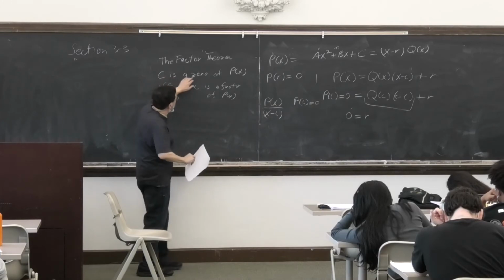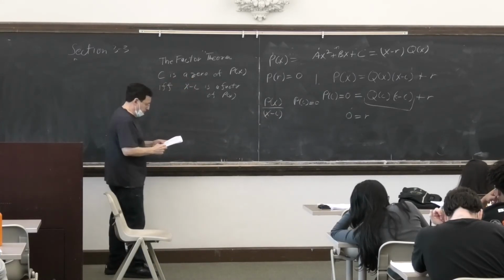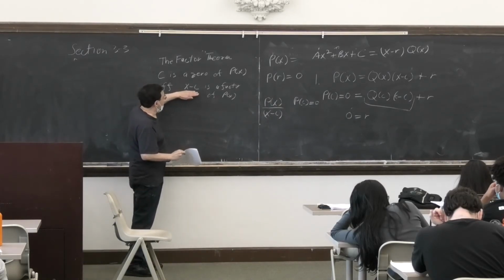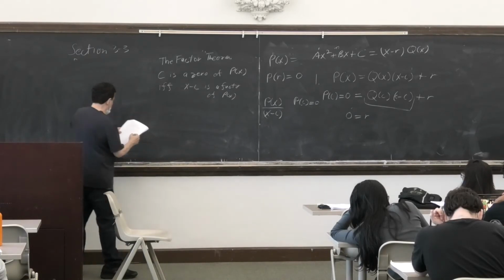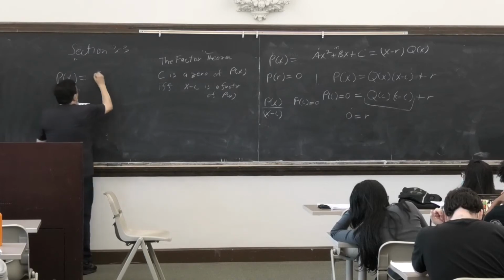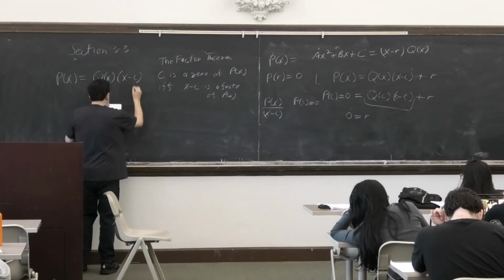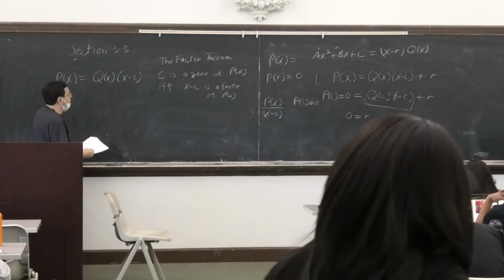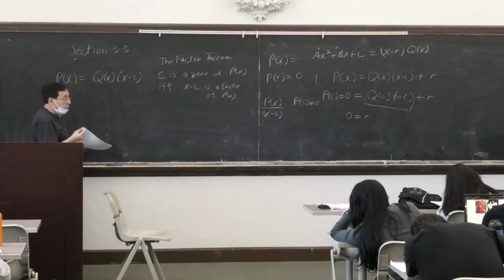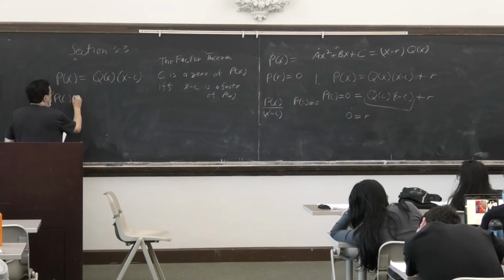So if we assume C is a 0, we find that X minus C is a factor. Now we go the other way. What if X minus C is a factor of P of X? That means P of X equals some quotient times X minus C. But if that's the case, what is P of C?